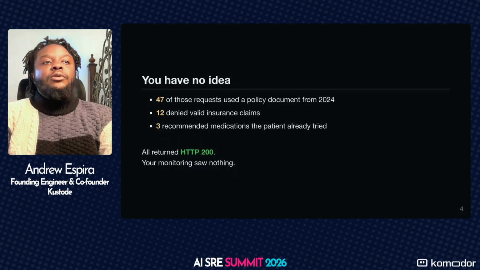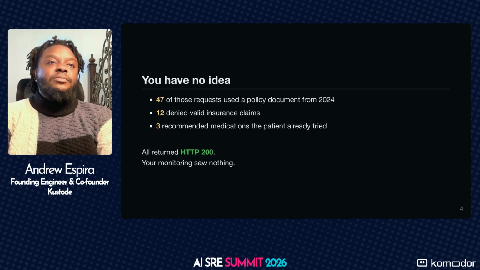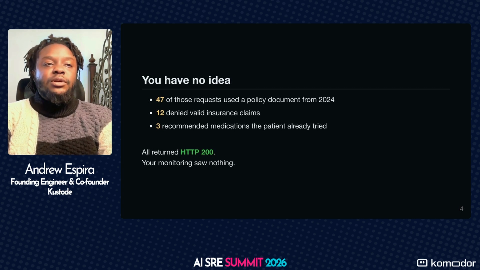So you're talking about the normal principles where you have the green dashboards, 200, everything looks okay. Your agent is processing all these policy documents, giving user feedback, and you have zero understanding of why that agent is doing so, or why those recommendations are being given back to the user or a patient.